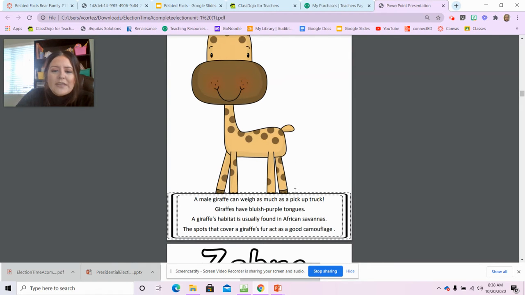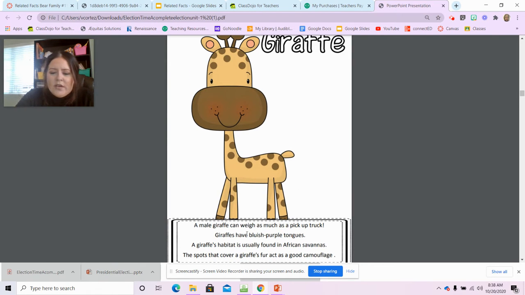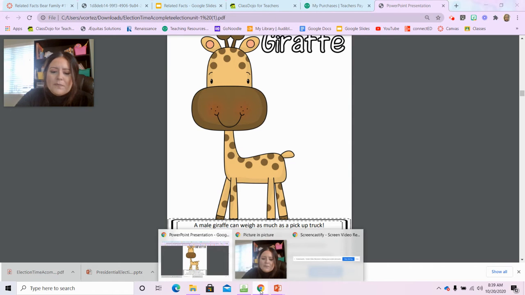So what can we say about the giraffe in our notes? We could say they have a purple tongue, they're heavy, they live in Africa, and they use their spots to hide from predators, to camouflage.